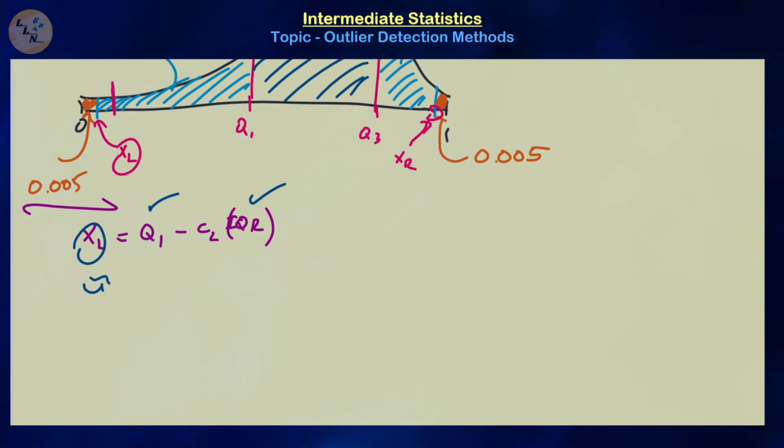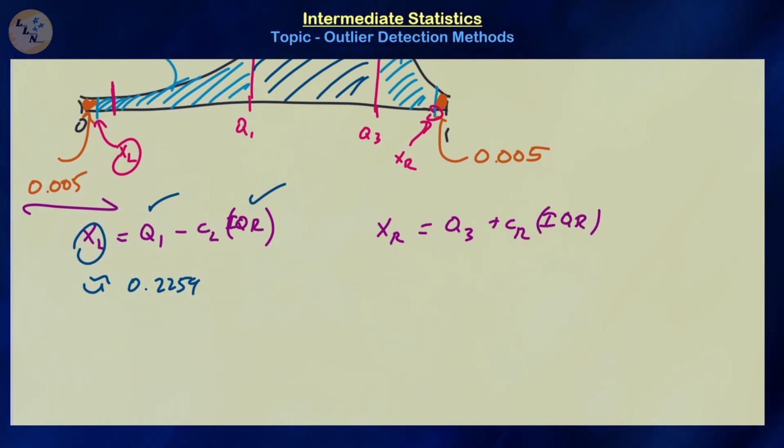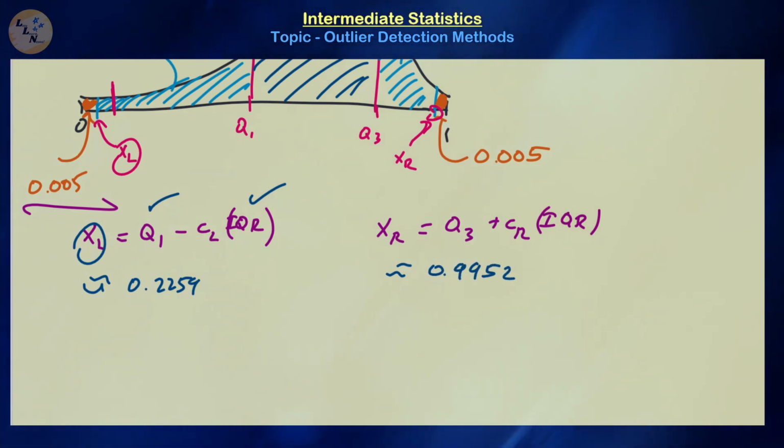Once you have the interquartile range, then you should be able to find XL. XL can be found to be approximately 0.2259. Similarly, XR, which is equal to Q3 plus CR times IQR, is going to be approximately equal to 0.9952. So how am I constructing these numbers, 0.2259 and 0.9952?